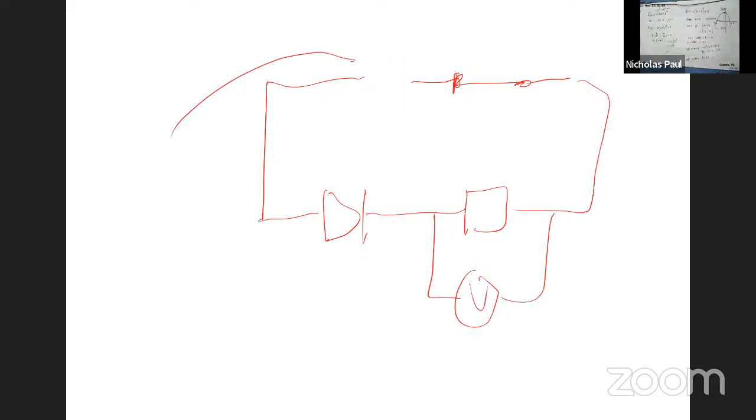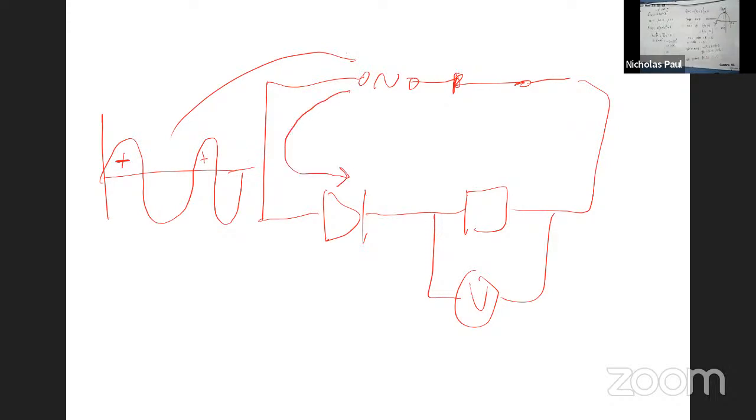Actually, this should be alternating, so the alternating supply looks like this. When the current is flowing through the positive, let's assume positive going this way, the diode will conduct. So it will conduct in the positive parts. But when the voltage is negative, it will not conduct. So that's called half wave rectification.